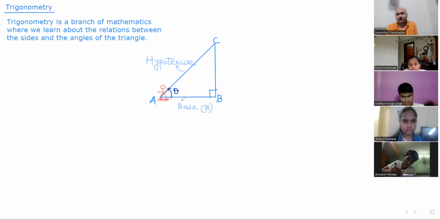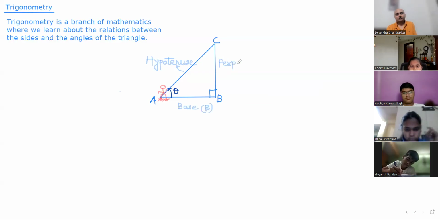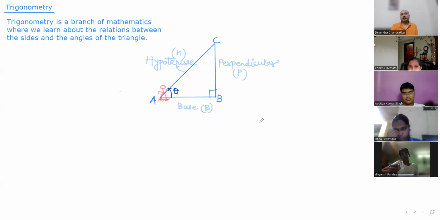I am calling it base. Now the third side which is left here is the side opposite to angle theta, and this side is perpendicular, which is P here. So hypotenuse is H, base is B, and perpendicular is P.